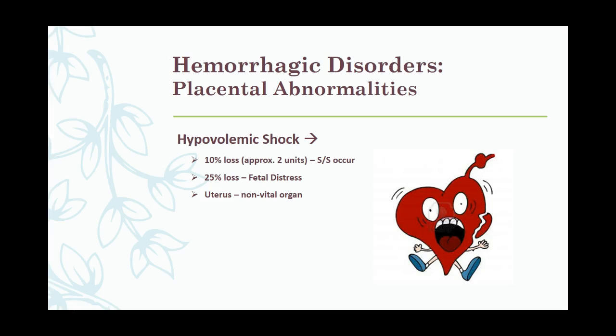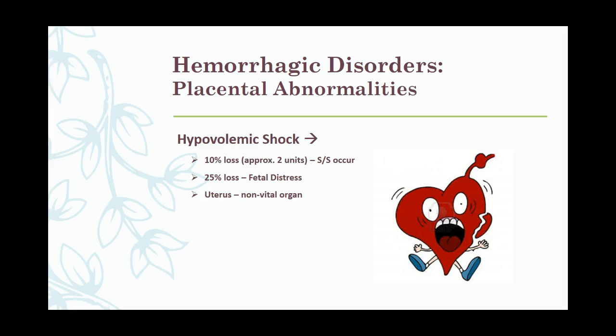And the uterus is a non-vital organ. So whenever we talk about hypovolemic shock, remember we talk about how our body tends to clamp down and send blood to our most vital organs, our heart, our brain, our lungs. The uterus is a non-vital organ.